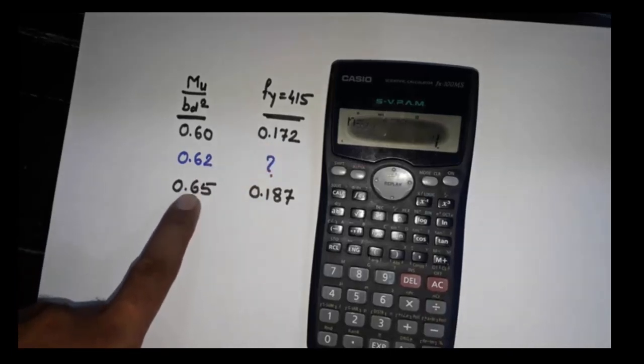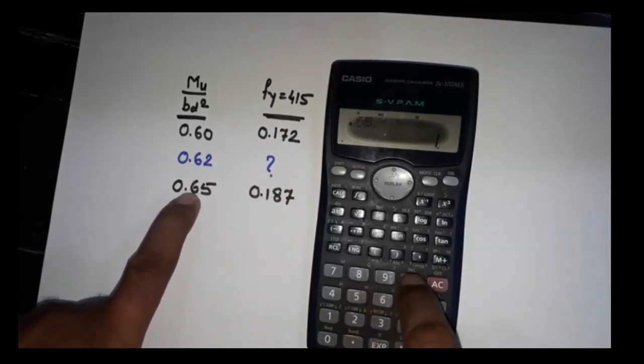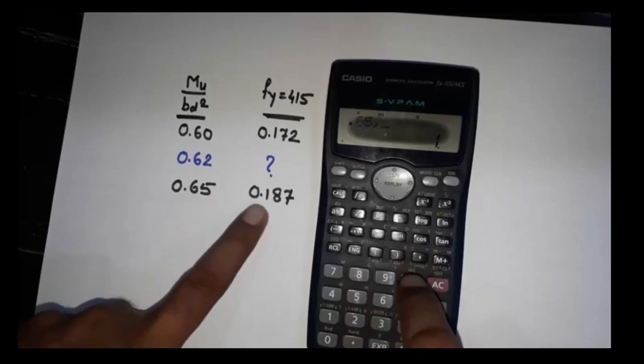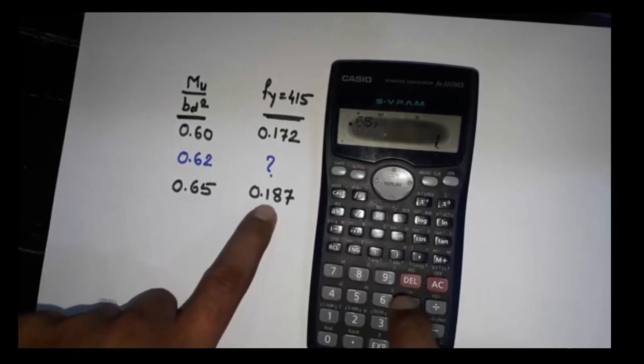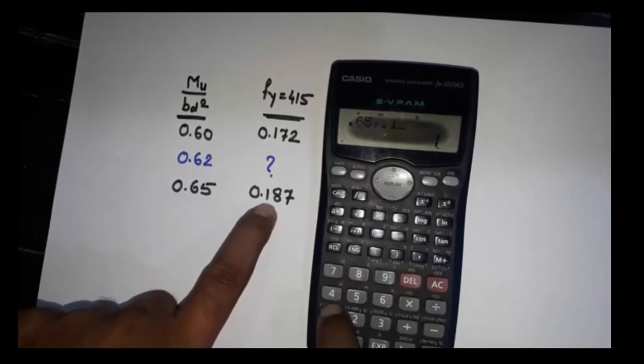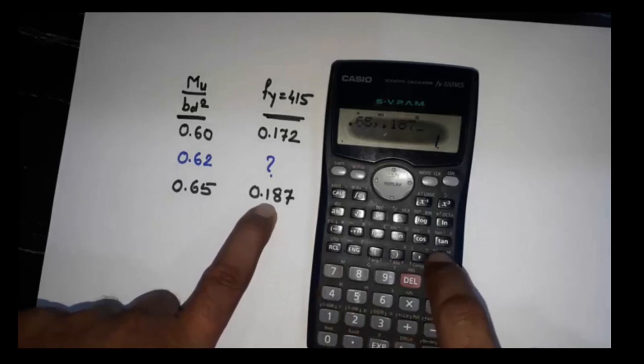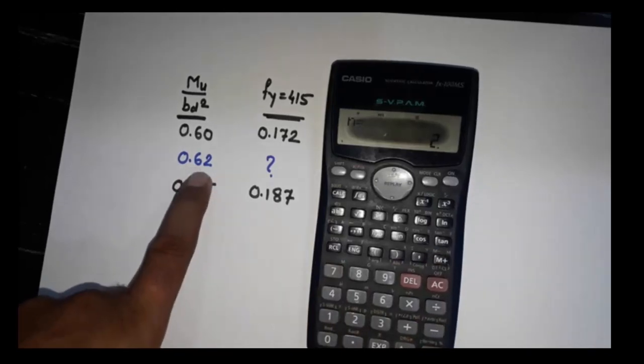Our next value is 0.65 and our corresponding value is 0.187. Therefore type 0.65 comma 0.187. Then again memory plus. We are supposed to find the value corresponding to 0.62.